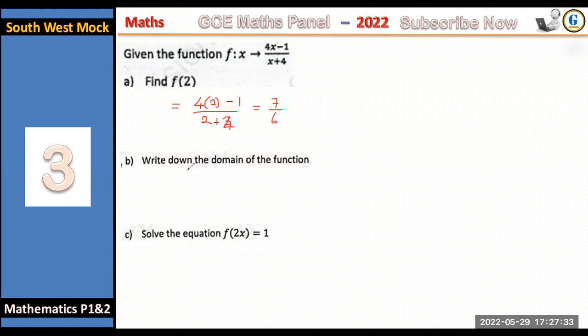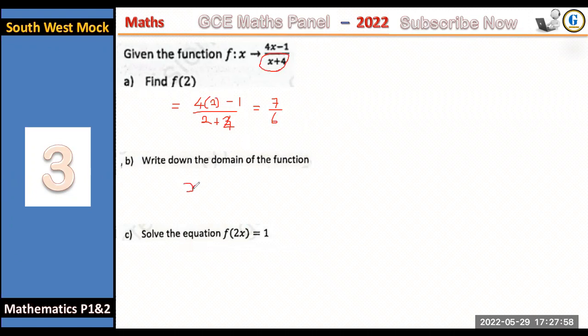Now write down the domain of this function. Another good question. I want to hear from you. How do you get the domain of this function? You equate it to 0. Perfect. We are going to equate this denominator to 0. Because the domain means that this denominator here should not be equal to 0.